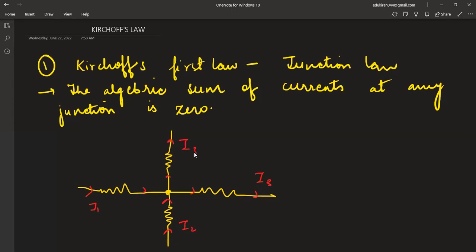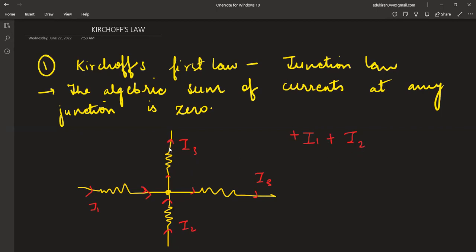Now, all the currents that are entering your junction will be equal to all the currents that are leaving your junction. Now, I1 is entering, I2 is entering. So, the currents which are entering the junction, we will write as positive. Like you can see, current I1 is entering over here, so that is plus I1. I2 is also entering, so you can say plus I2.